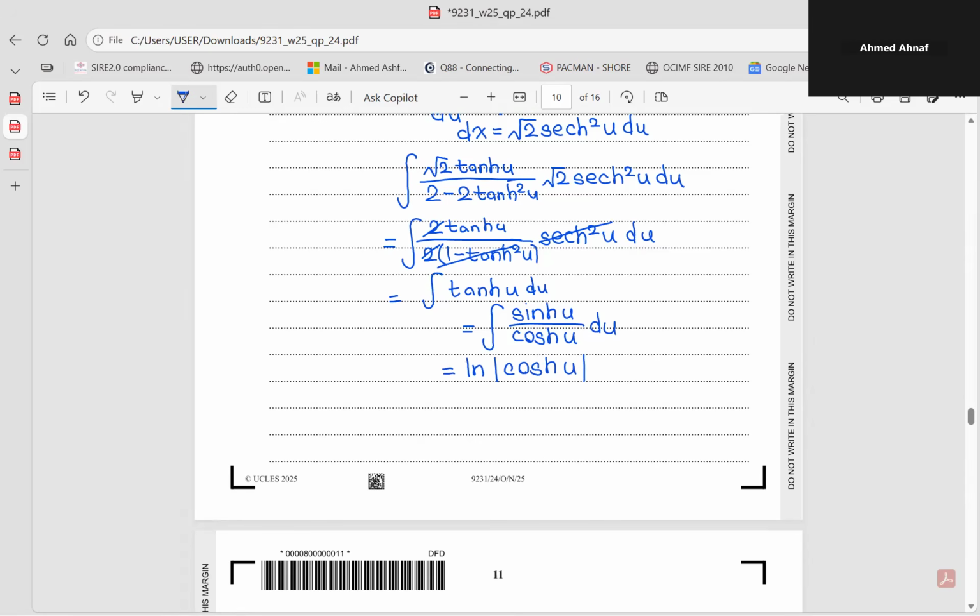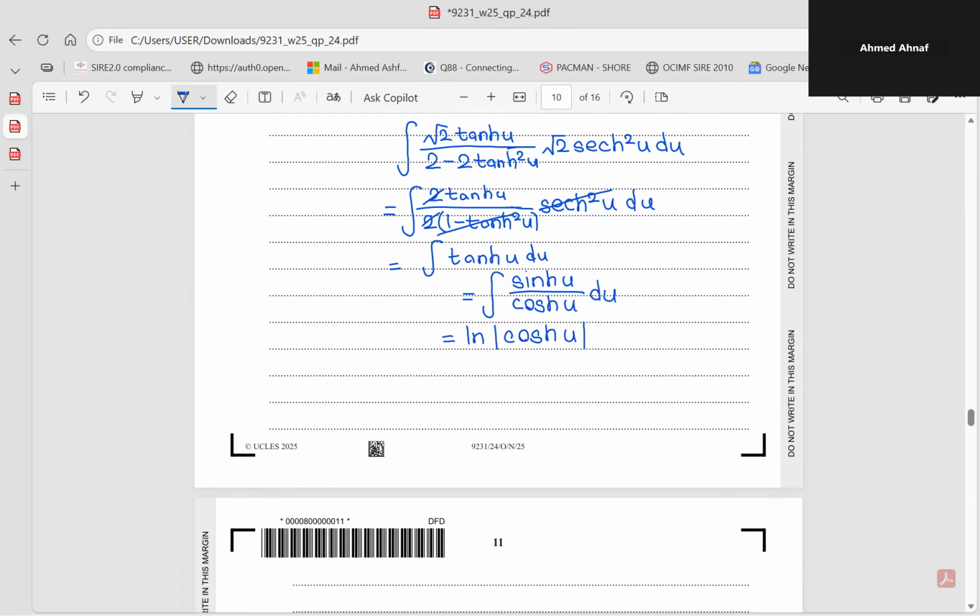We have to bring everything back in terms of x, and the easiest way to do that is to express this ln cos u in terms of tanh. To do that, we know that tanh u and sec square u are related. So we're going to express this ln cos u in terms of sec u.